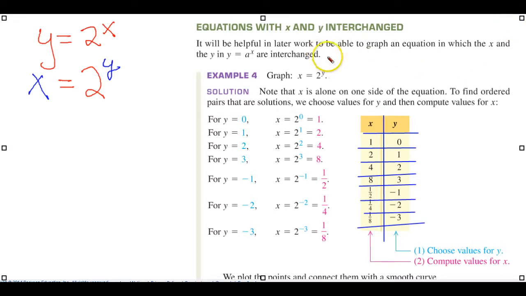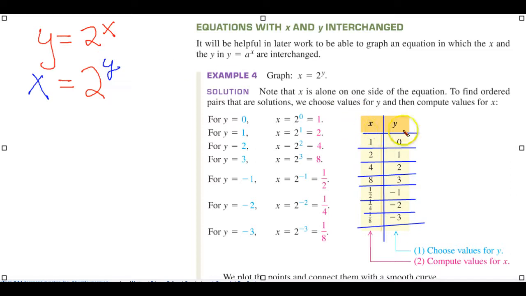So far we've been dealing with y equals 2 to the x, where x is our exponent. We're now going to reverse the x and the y, and we're still dealing with our 2, sort of an old friend, easy to work with.